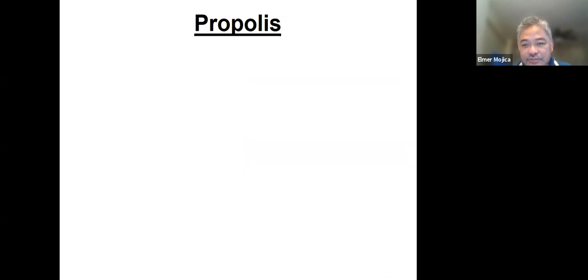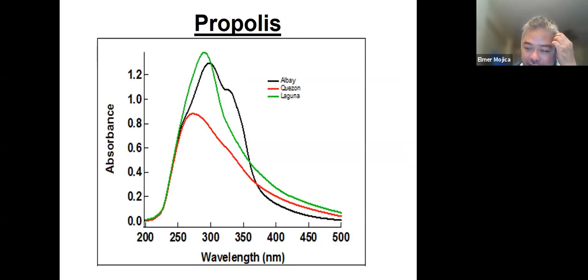Okay. So what we did, the ones that I got from the Philippines, we compare the absorbance. As you could see here, the ones from Albay, Quezon, and Laguna exhibit different absorbance peaks. But it is within, we could say, 250 to 350, which is the signature of phenolic compounds.